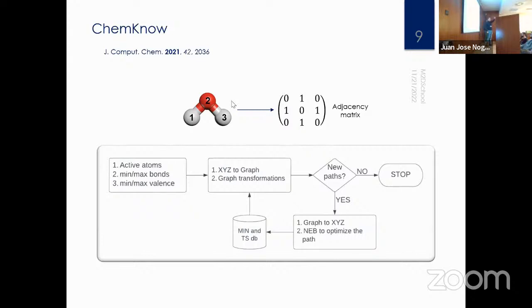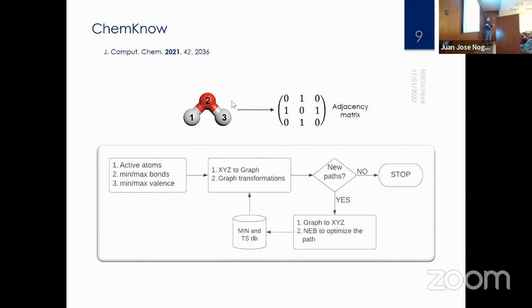And then we take the highest point along the path, and we use that as the transition state guess structure. And then we optimize it. Okay? So the procedure is different from the other one, but the remaining steps are exactly the same as I said before.